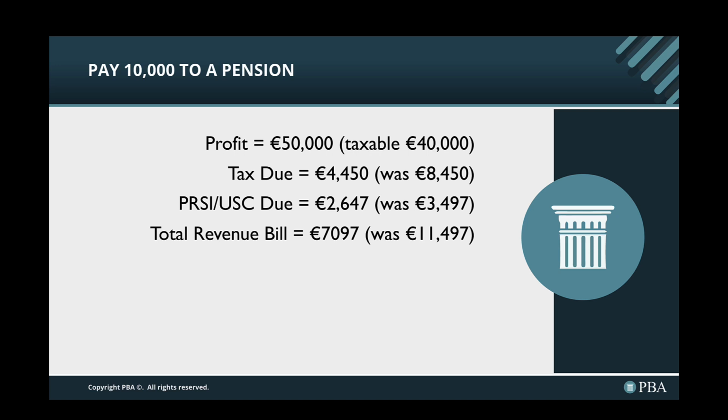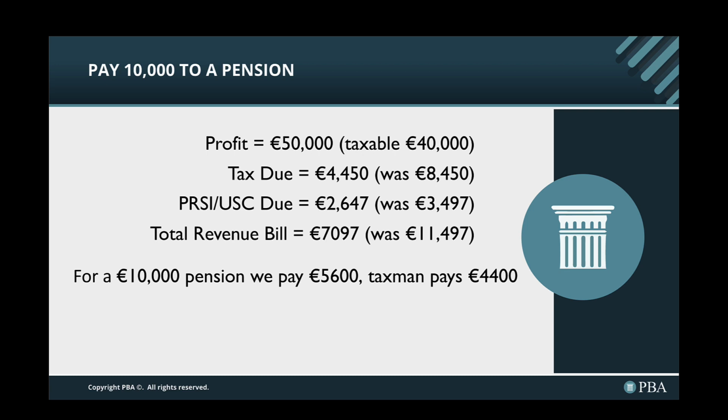Is there anything I can do about that? You know, this is where the fancy tax consultants come in, but one key one is to pay into a pension. And a pension has so many rewards, because if you take your 50,000 and put 10,000 into a pension, it reduces your salary now to 40,000. 40,000 is what you're now being taxed on, which, remember, doesn't have any over the 40%.